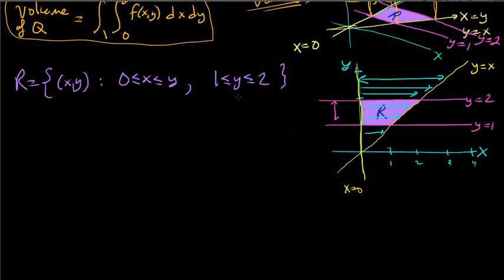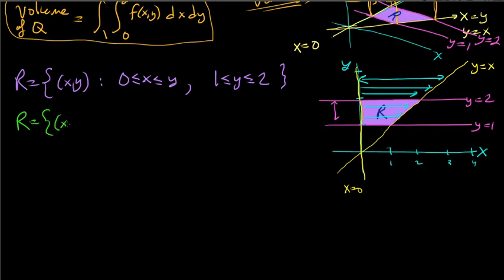Now, of course, if y were negative, we'd be going right to left. So you have to be aware that you might get that negative part over there. But because y is positive, from 1 to 2 is positive, we get this situation here. Of course, we can describe this in another way.